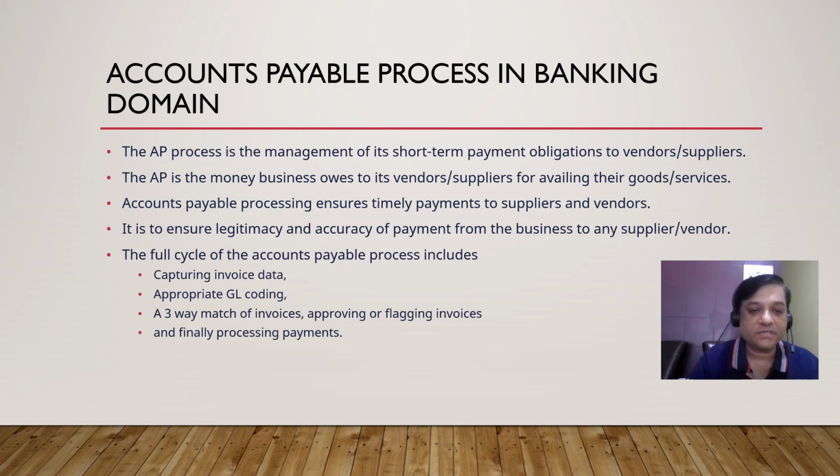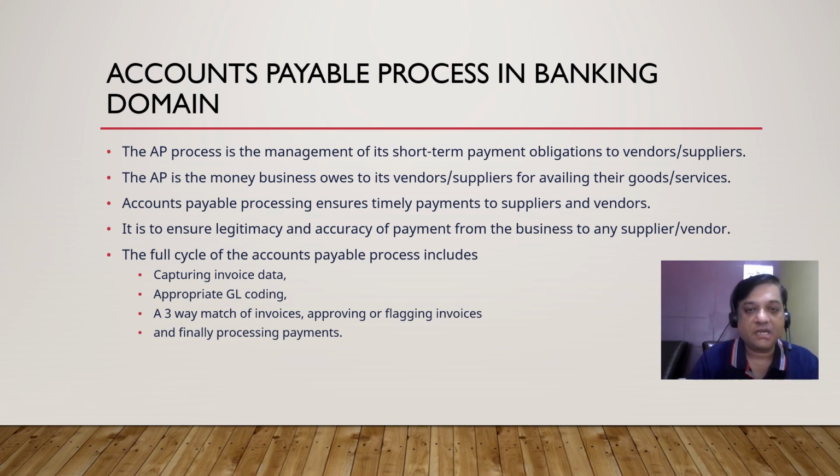Accounts payable processing ensures timely payments to suppliers and vendors, and the goal of the AP process is to ensure legitimacy and accuracy of any payment originating from the business to any supplier or vendor.